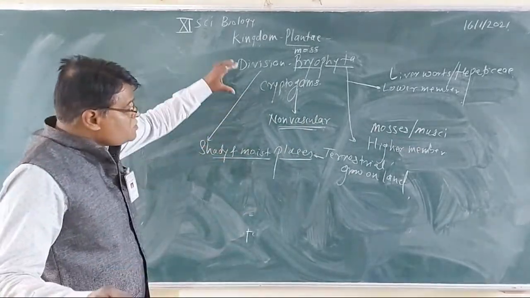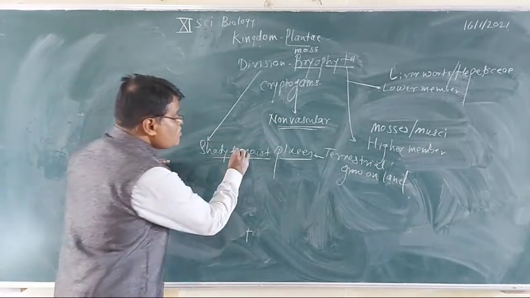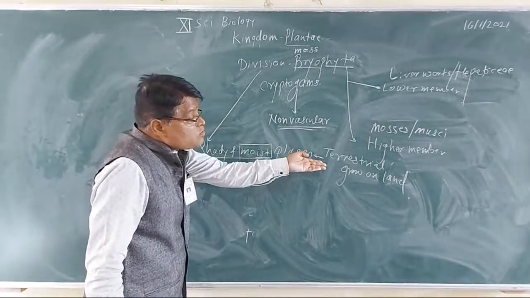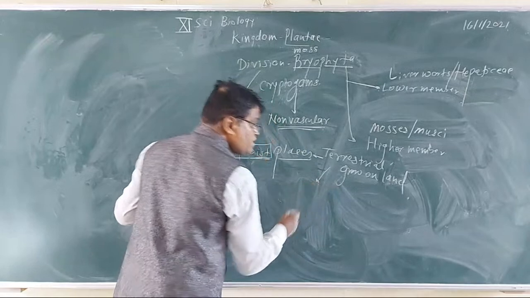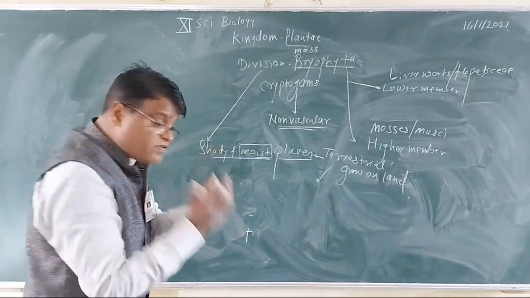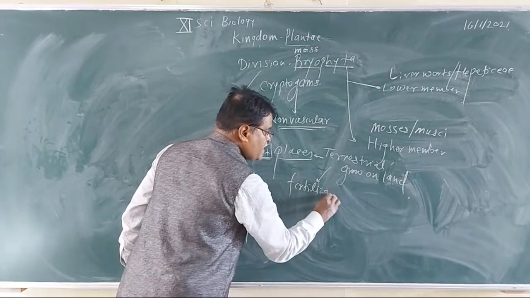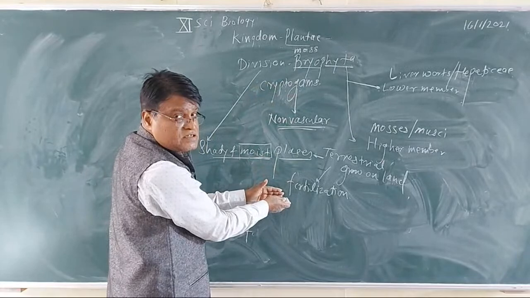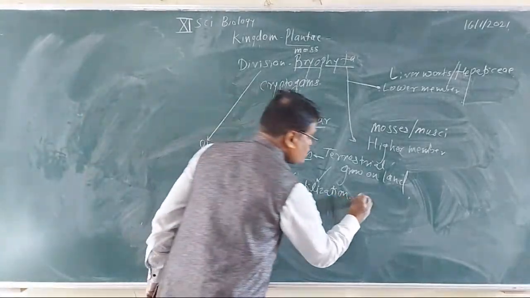Bryophytes grow in shady and moist places, meaning they grow on land, but when they come to the stage of fertilization, the bryophytes need water.